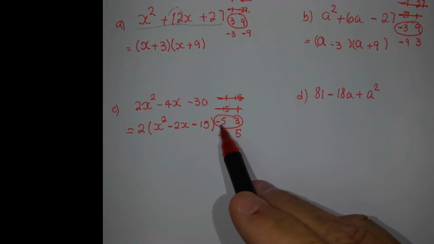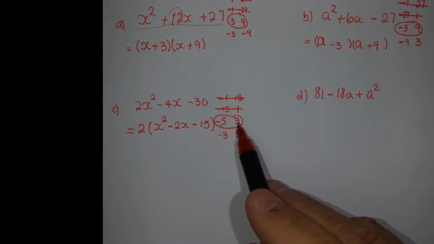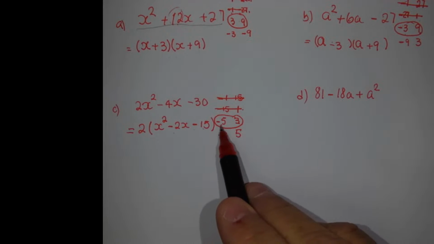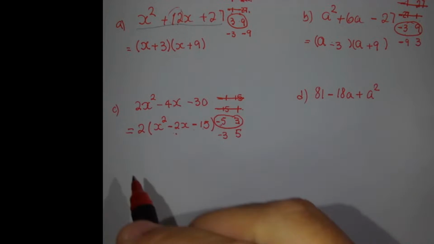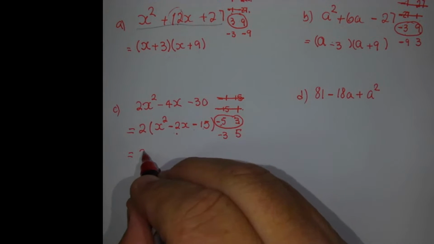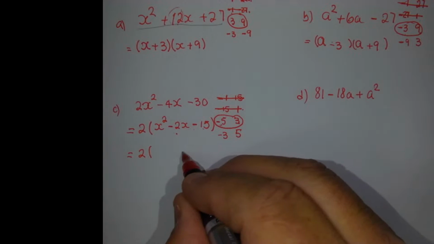Okay, so now I've got a pair of numbers that when I multiply them together give me negative 15, and when I add them together give me negative 2. So what I'm going to do is say 2 times, and then open my two brackets.